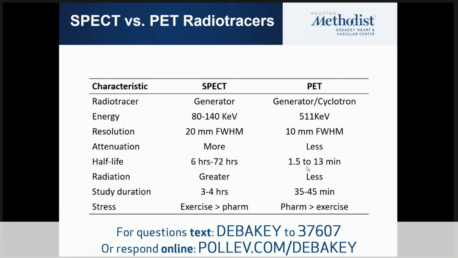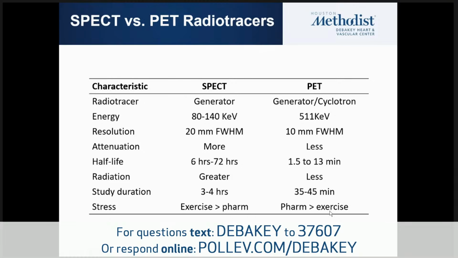So it's mostly pharmaceutical. However, when we do use the longer half-life radiotracers like ammonia, and later on, if we use an F18-based radiotracer, theoretically, we might be able to get exercise information.